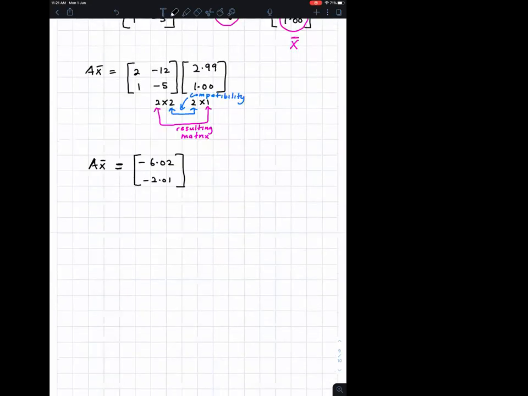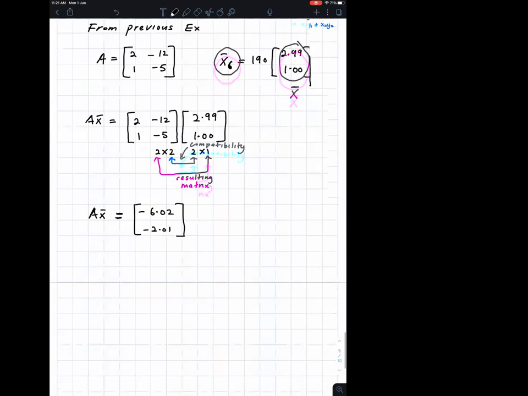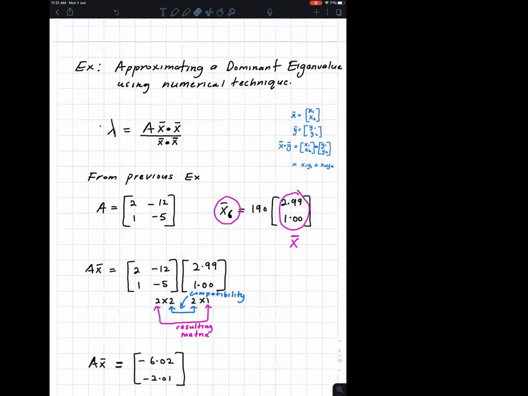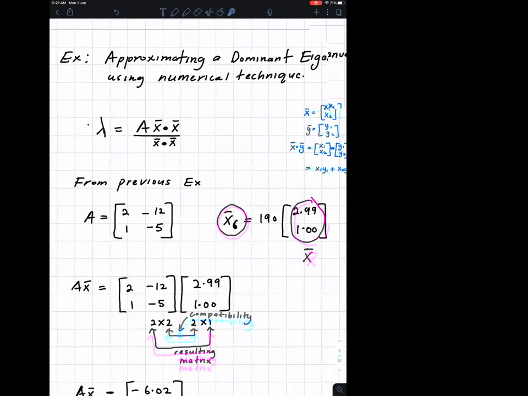Okay, next, you already found your AX. In order to find lambda, you have to find AX bar. Next, you have to do AX bar dot with X bar.